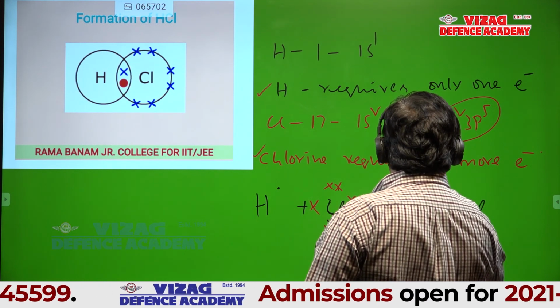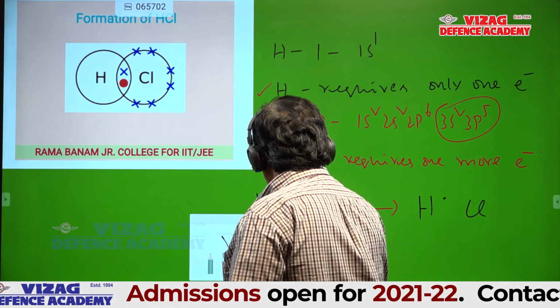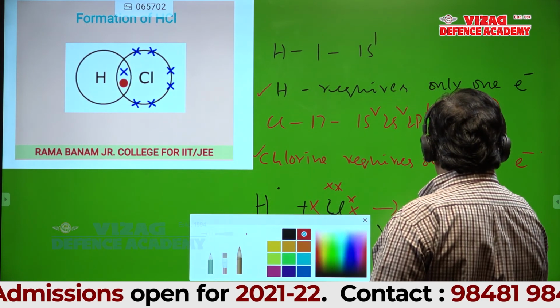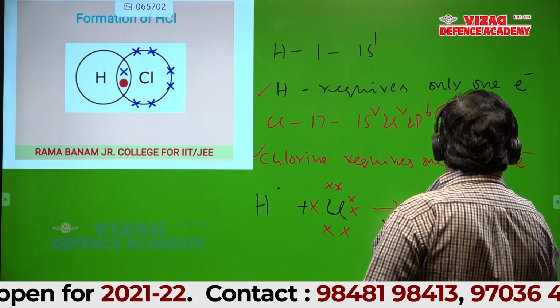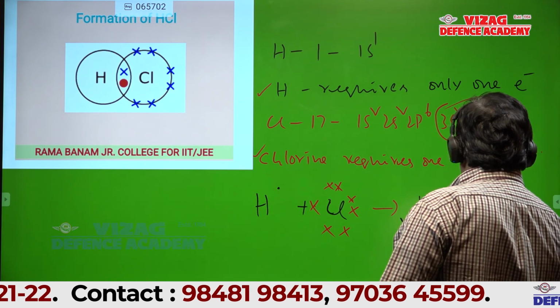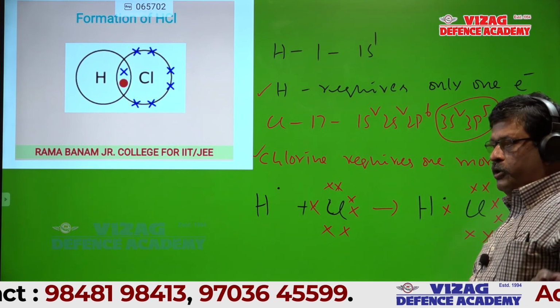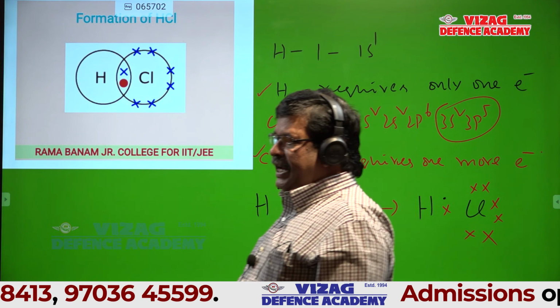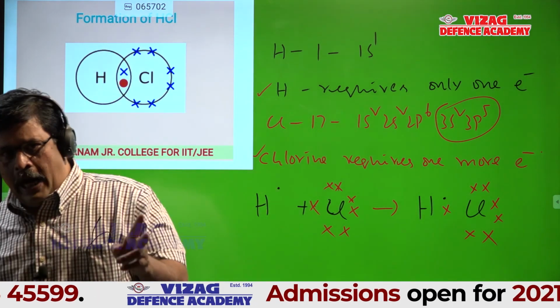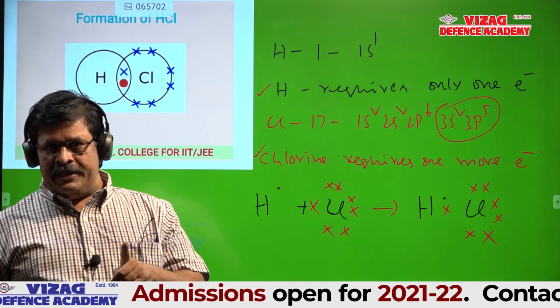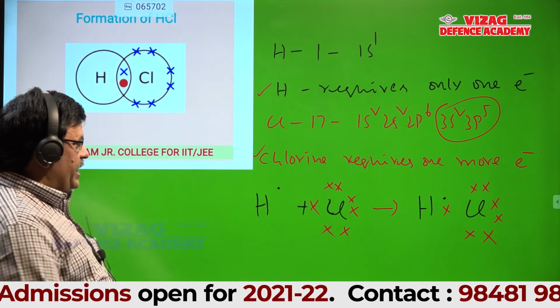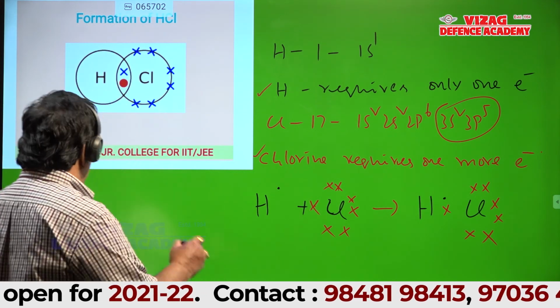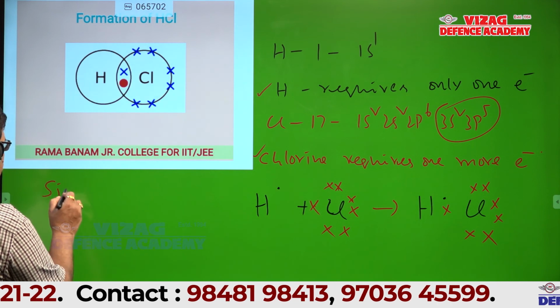This is the electron contributed by hydrogen, and this is the electron contributed by chlorine. Because both the atoms contribute one electron each, the two atoms share one electron pair. So the bond formed is a single covalent bond.